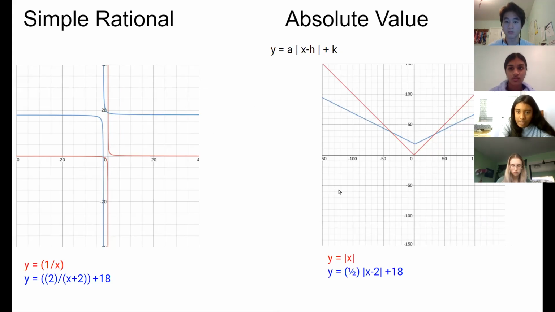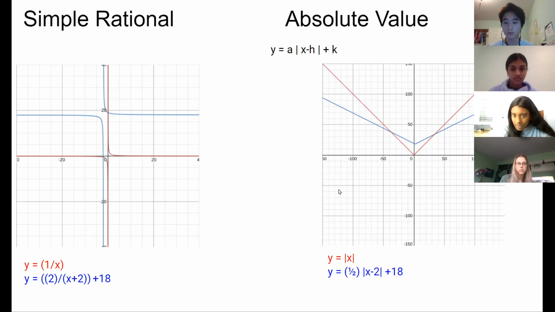Here the red equation is a regular, parent absolute value graph, y equals the absolute value of x, denoted by these 2 lines. Y will always be positive regardless of the sign of x.